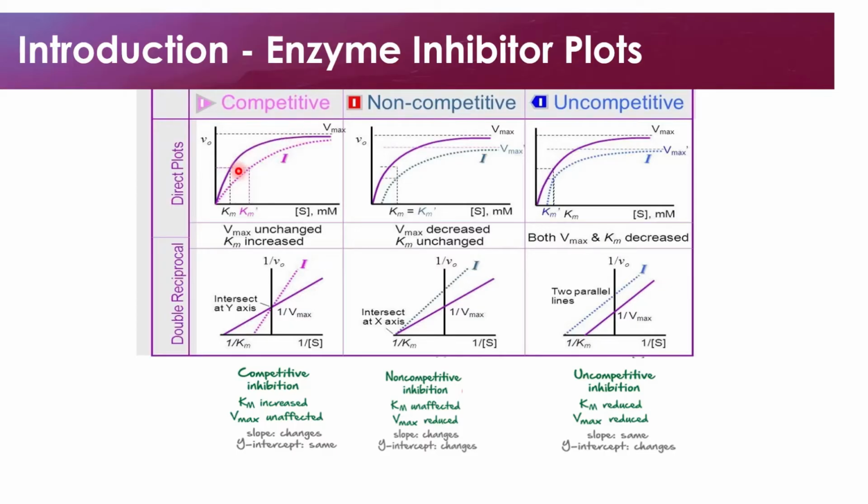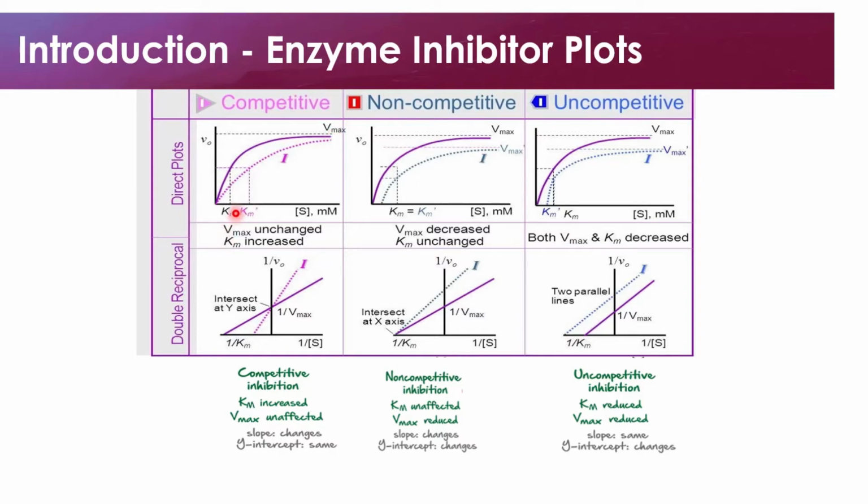So we'll start by looking at how the competitive inhibitor affects the enzymatic reaction. If you study the direct plots here, we can see that the V maximum for both reactions, the reaction without the inhibitor and the reaction with the inhibitor, indicated as I, is the same.